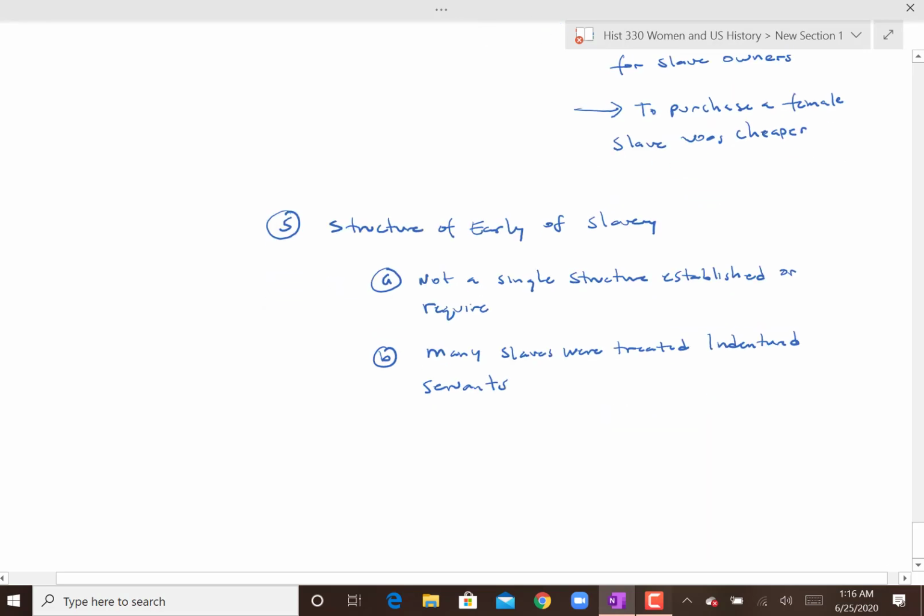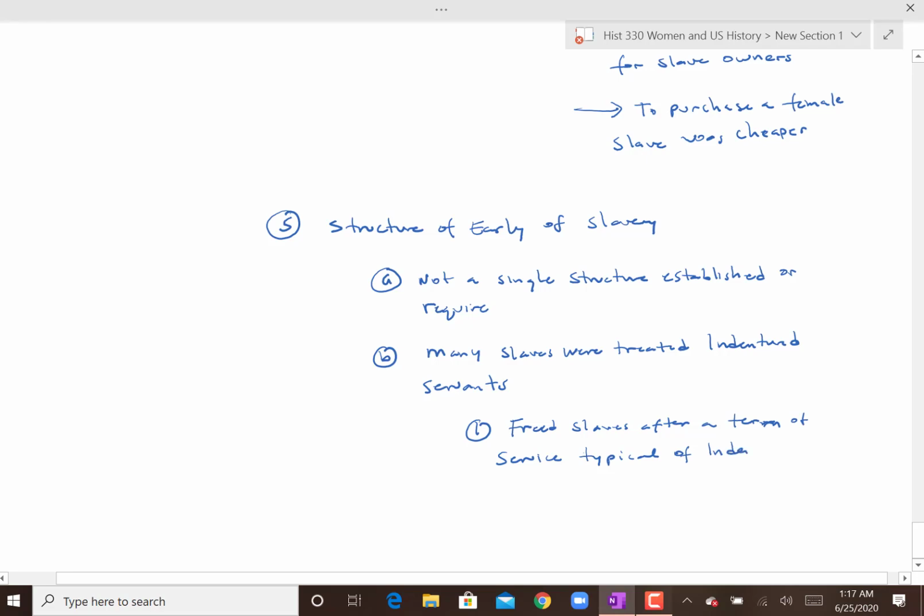Many were treated like indentured servants, or what we'll see, they were really treated like slavery was practiced around the rest of the world. And so many owners freed slaves after a term of service that was typical of indentured servants.